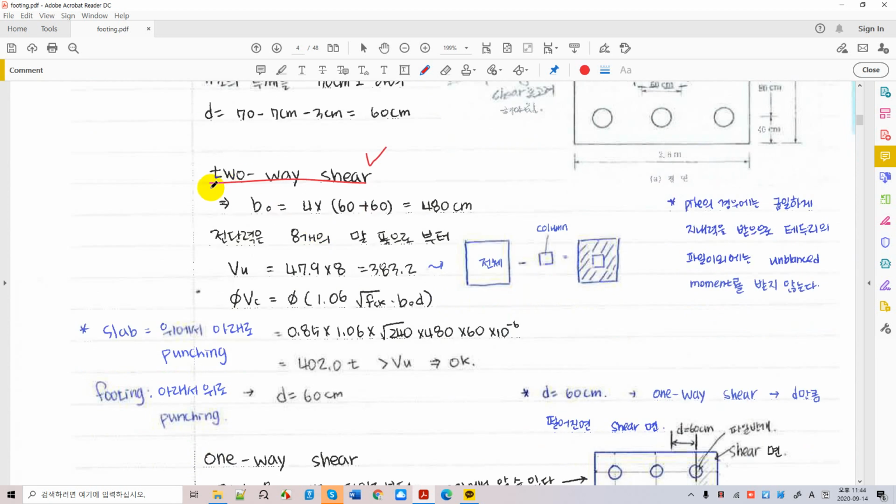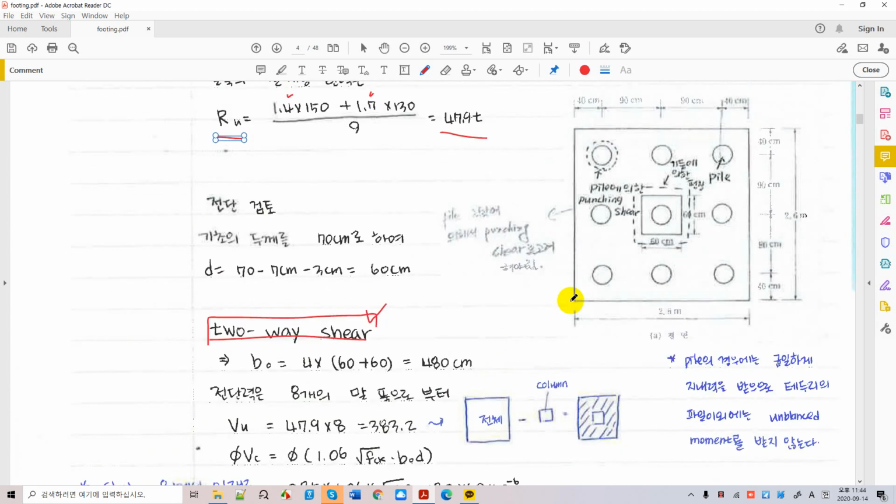Okay, we have two-way shear, which we can calculate based on the failure parameters right here. Okay, these failure parameters are determined at d over 2 from the face of the column. They are the same as the two-way shear for slabs and shallow foundations.